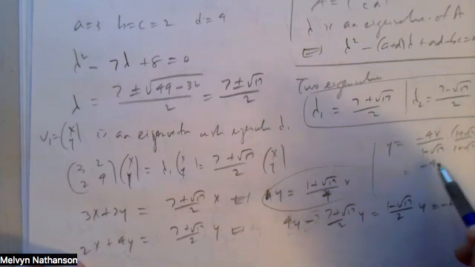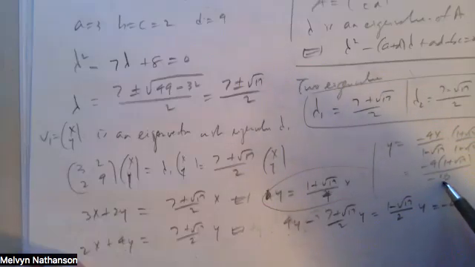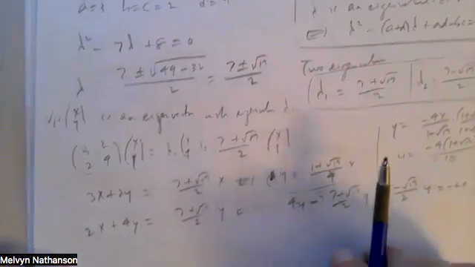I get minus 4, 1 plus root 17 over minus 16. The minuses cancel. This is over 4 times x. We get exactly the same thing.